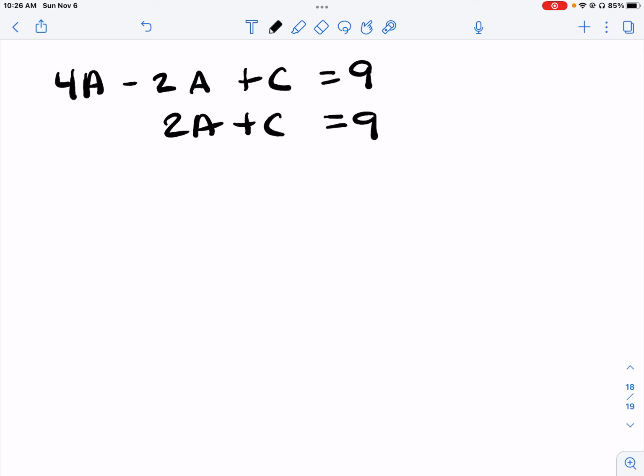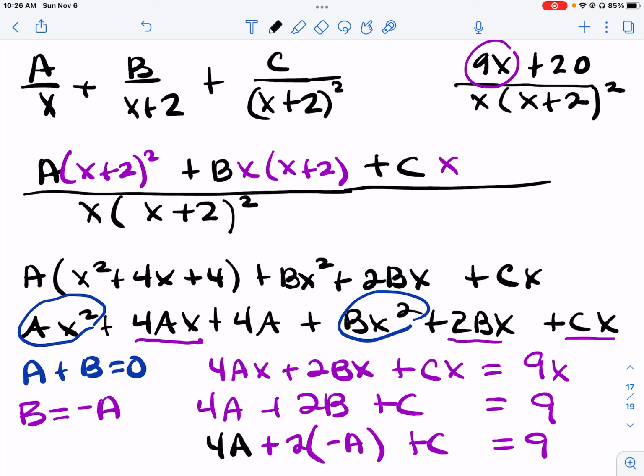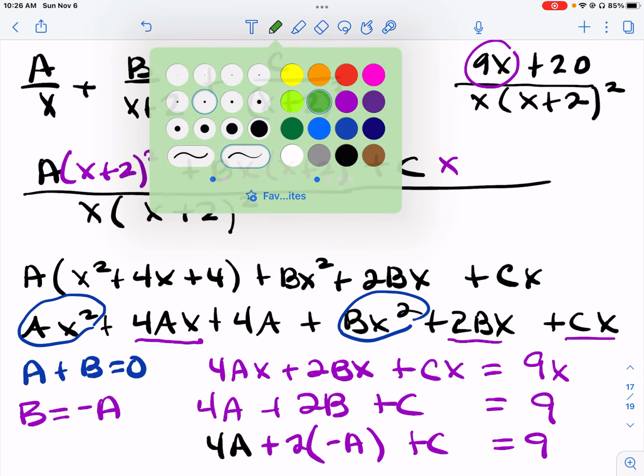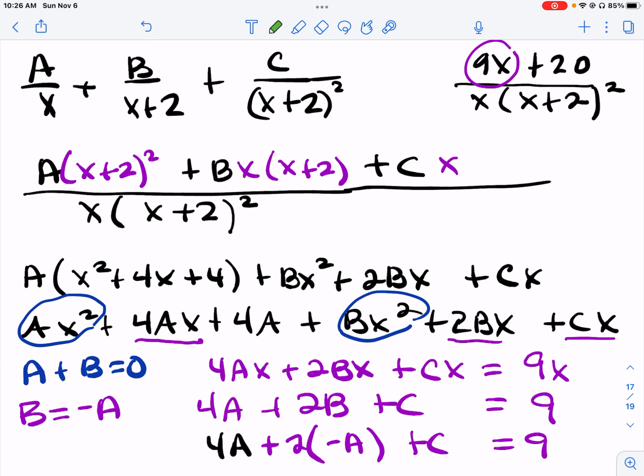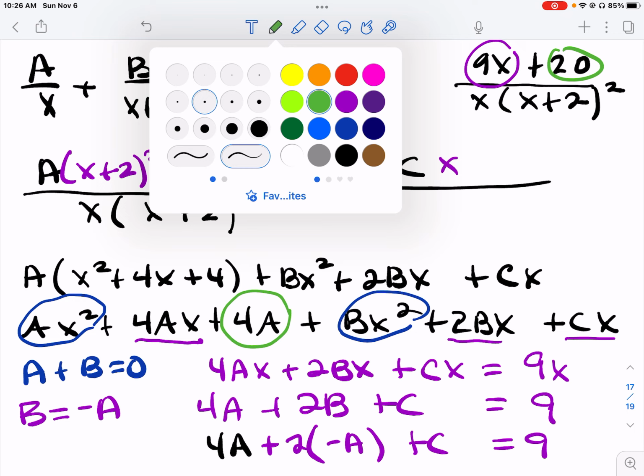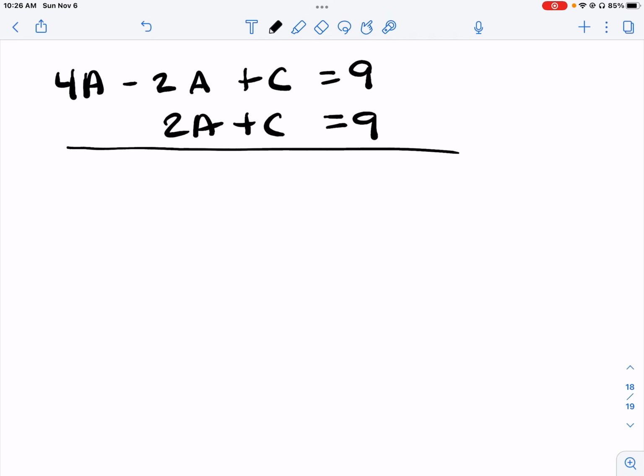Okay, now let's go back to what we had for the numbers. Okay, what do we have for numbers? Well, this is the only thing that's a number. That 4a equals 20. So we know that 4a equals 20, a equals 5.